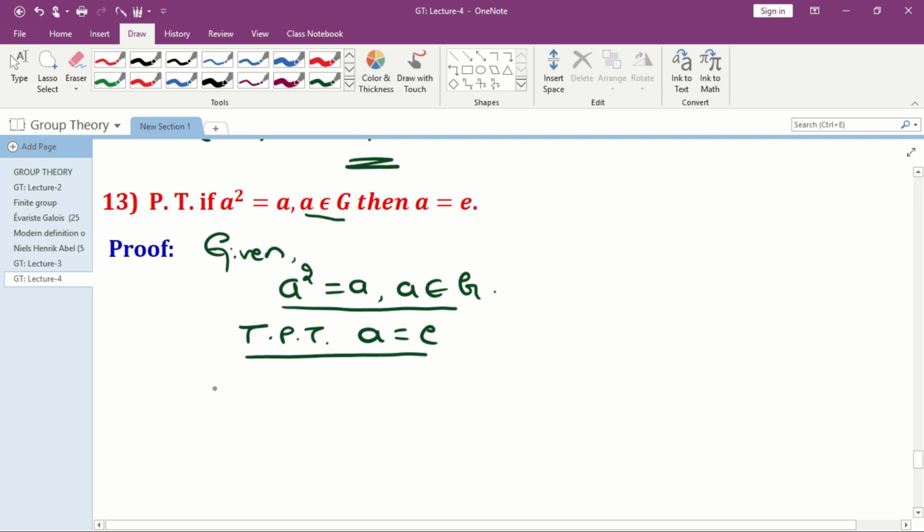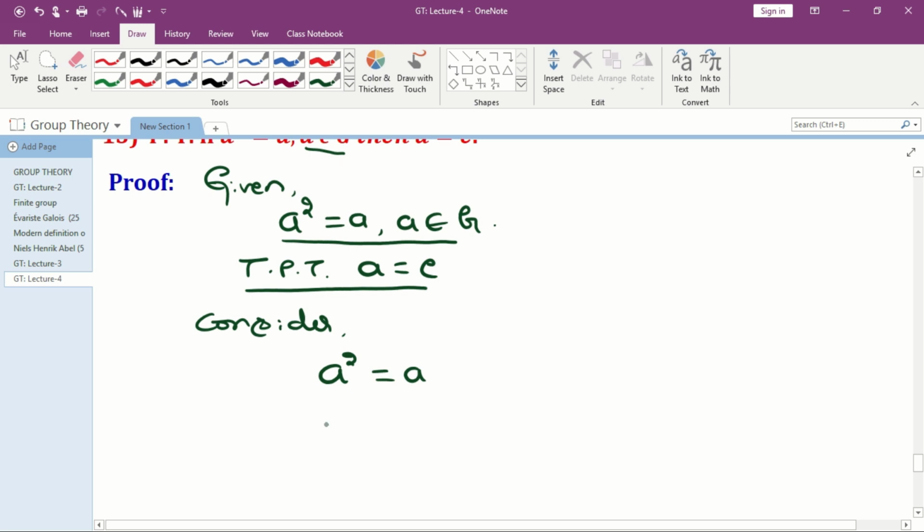So we consider A square is equal to A. Okay, now left hand side A square can be written as A into A, and right hand side I have only A. Using identity law, we can write A into E. So what is A into E? That is A.